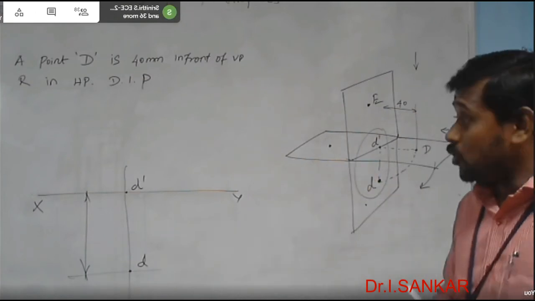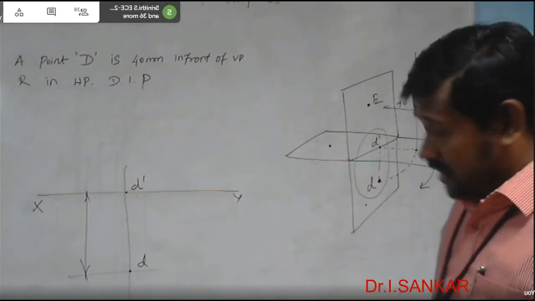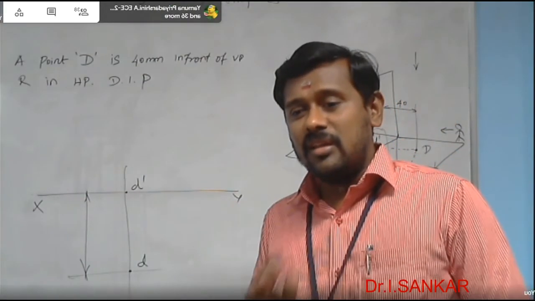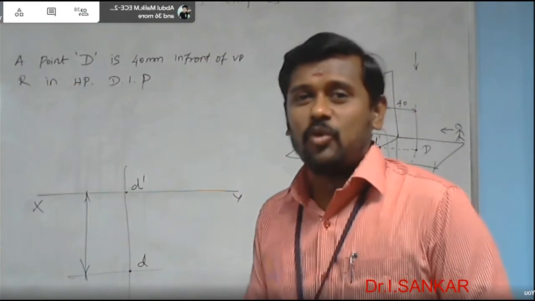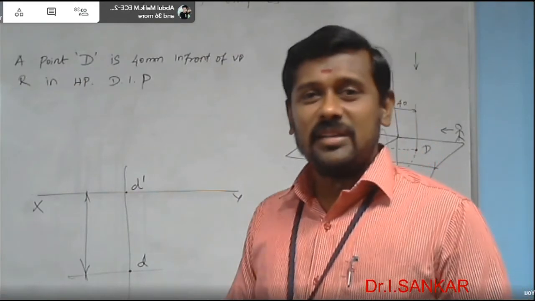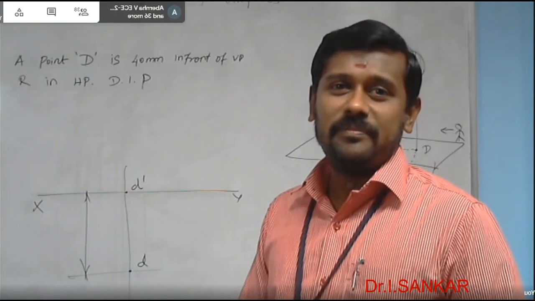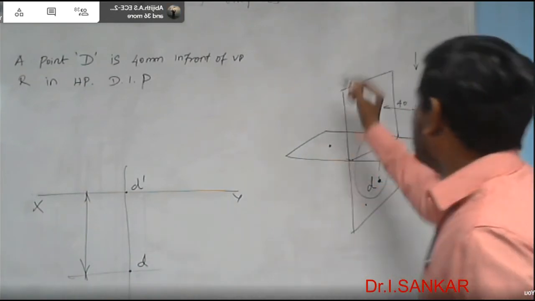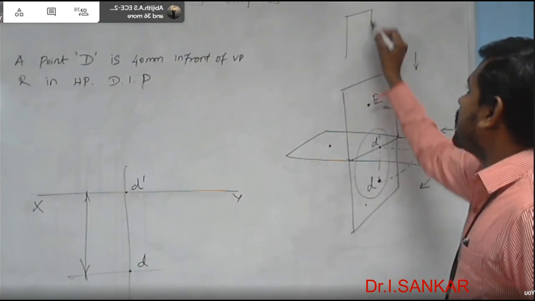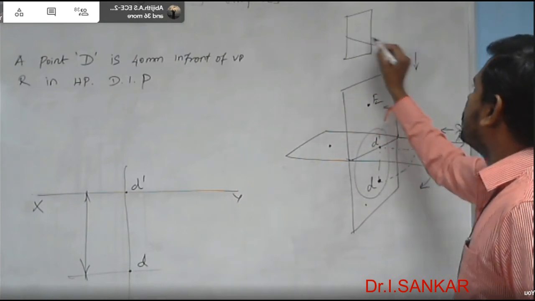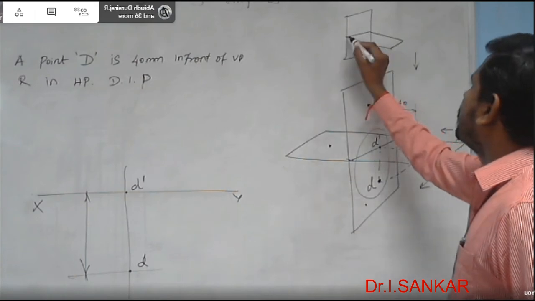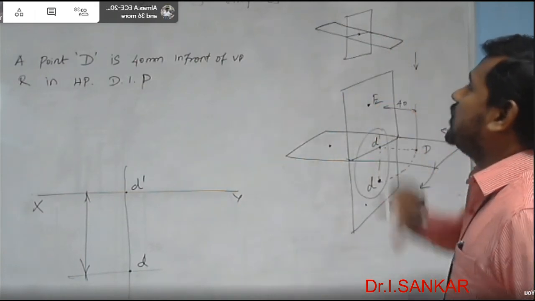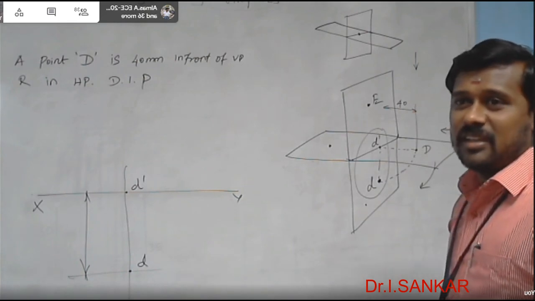One more special case is if a point is in HP and VP, how do we draw it? Where will the point actually be located? The point in both HP and VP is nothing but a point on the reference line.